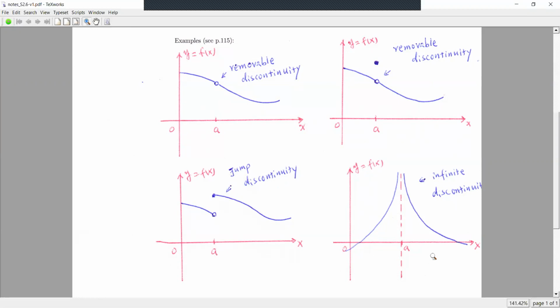In this last diagram, the function is continuous everywhere except at a point A. If we draw the graph of the function, at a point A, we have to remove our pen from the paper, then draw the other part of the graph. The book calls the function at a point A has an infinite discontinuity. Infinite discontinuity, just a name.